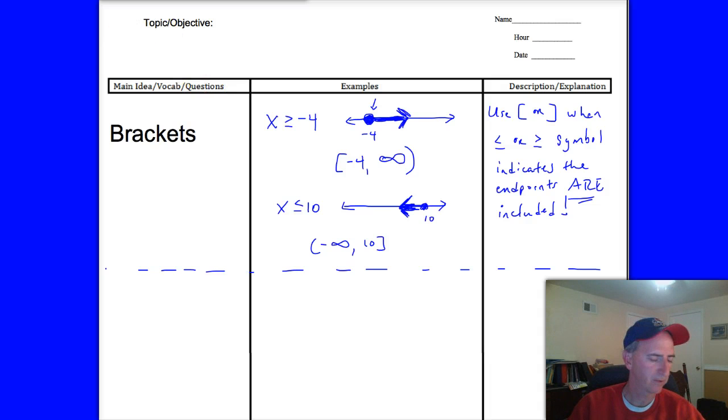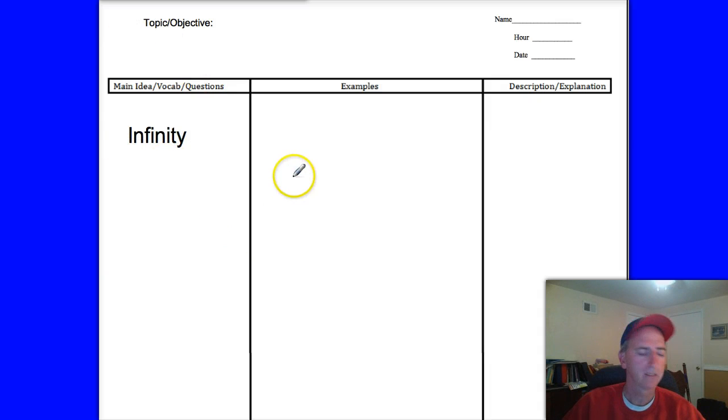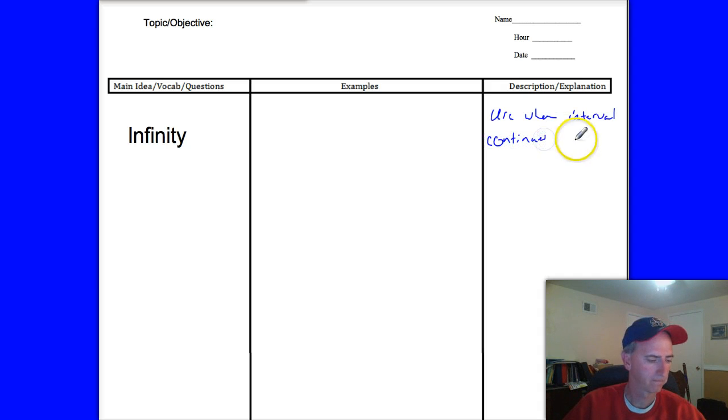And then the last piece we've already touched on is infinity. So really already talked about that, so I'll try to make this snappy for you. It's basically used when the interval continues in, let's say, a positive direction.